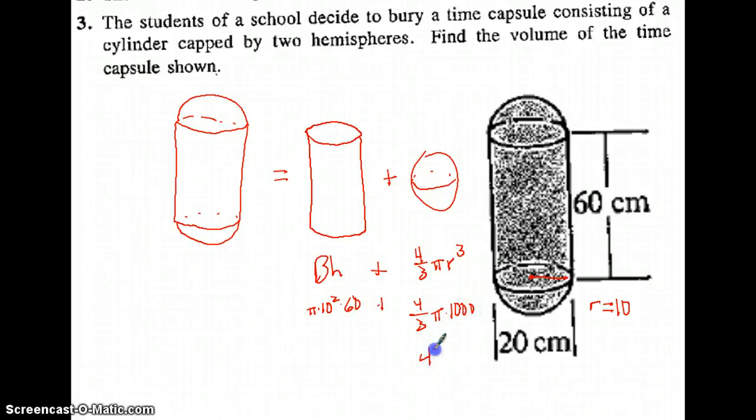Well, this part's actually easier. It's 4,000 pi over 3. And this one is 100 times 60 pi. Now I could add these up in a fraction of pi. 6,000 pi, I need to come to a denominator of 3. It's like 18,000 pi. 18 and 4 is 22,000. I like that. You could do that on the calculator too.